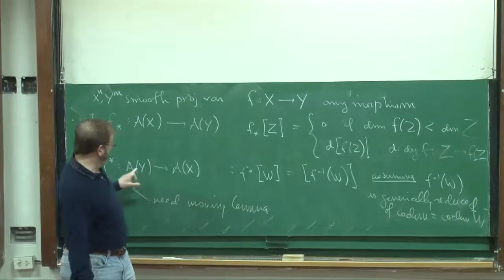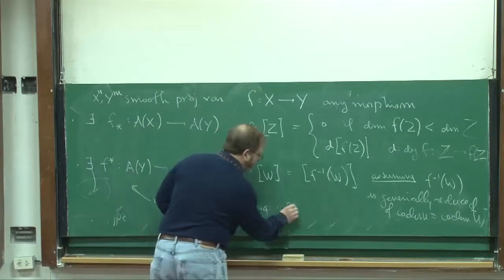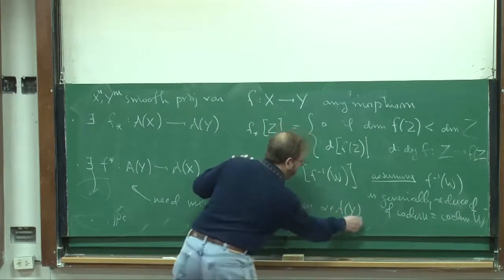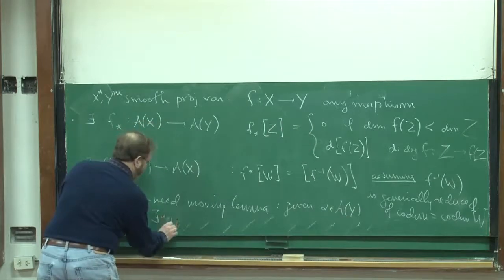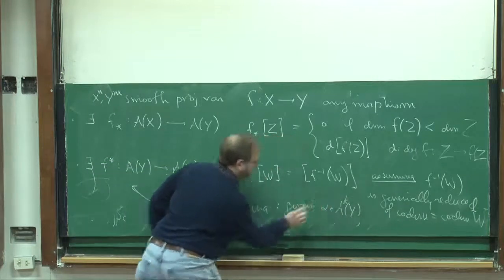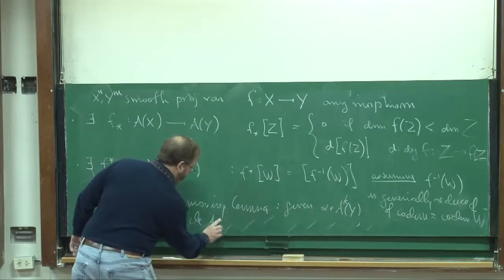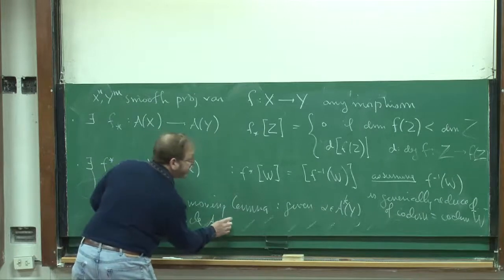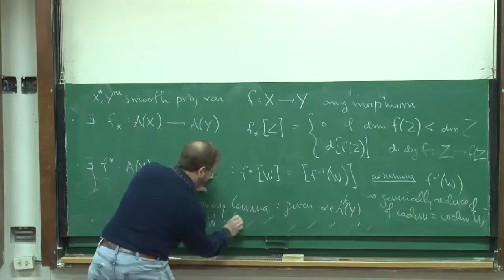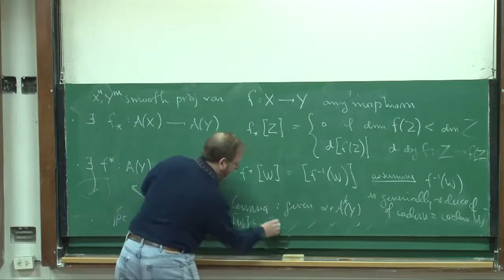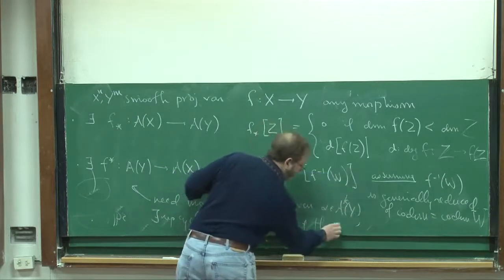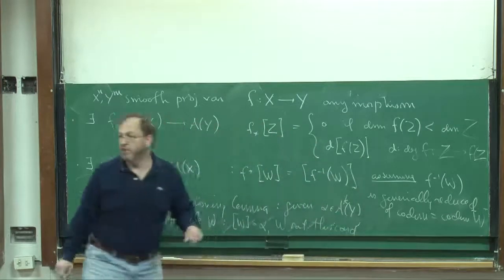We need to know that given a class alpha in A of y, there exists a representative cycle, let me in fact specify the codimension here, of codimension K, such that, I should maybe call the cycle W, the class of W should be the class alpha, and W satisfies this condition. The pre-image is generically reduced of the right dimension.